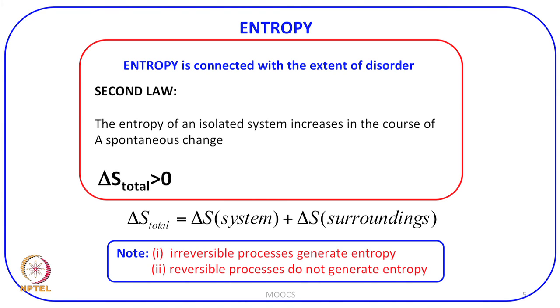A lot of entropy is generated. But if the process is carried out in infinitesimally small steps and reversibility is maintained, then the energy is not dispersed in a chaotic manner. That is why the second statement, that the reversible processes do not generate entropy, and these statements we will be using in our next discussion.